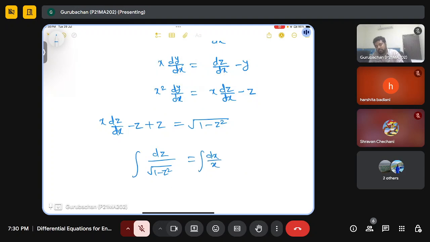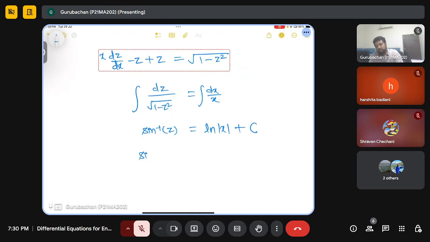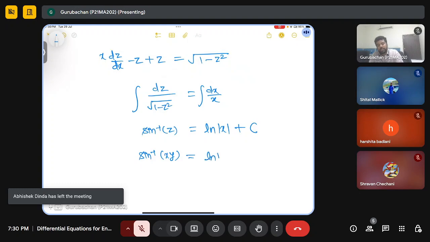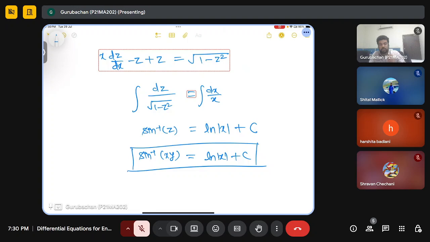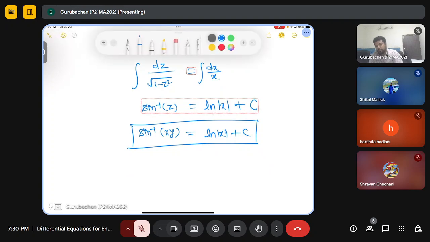If you integrate both the sides, we will get sine inverse z is equal to ln mod x plus some constant. And what is z? Sine inverse xy is equal to ln mod x plus p. So this is your answer. I think this one is your answer too, Sharon. Yes, sir. Okay. So I hope it is clear to everybody.